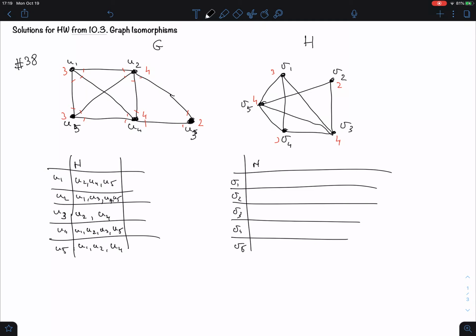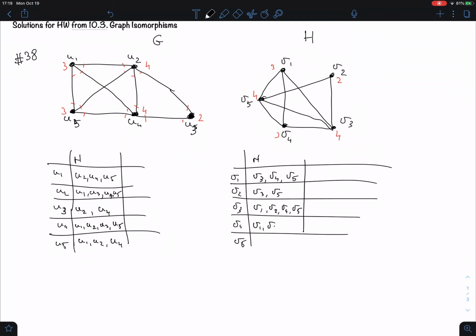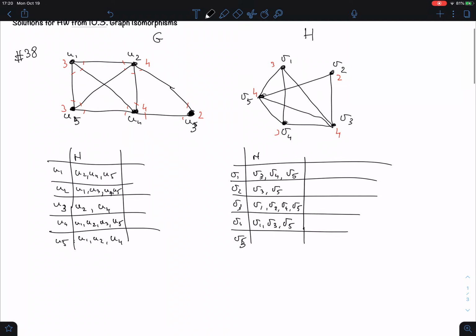And then the neighborhoods here, V1 has neighbors V3, V4, and V5. V2 has neighbors V3 and V5. V3 has all the other guys, because it has degree 4. V4 has neighbors V1, V3, and V5, and then V5 has again everybody else.